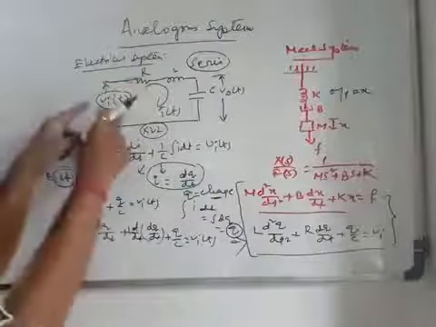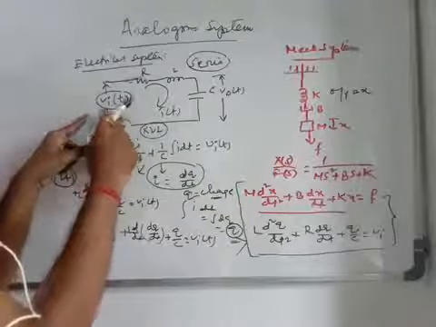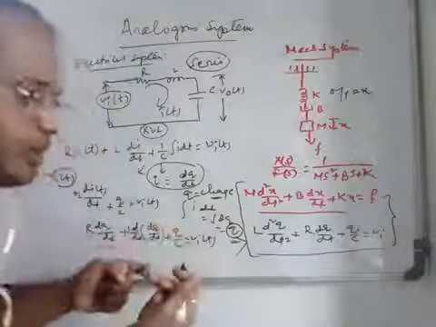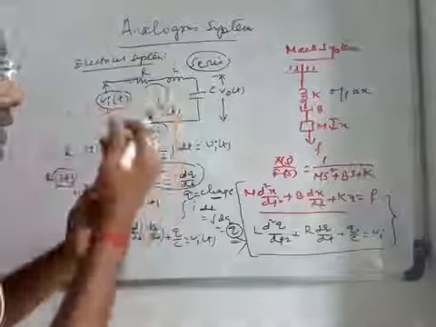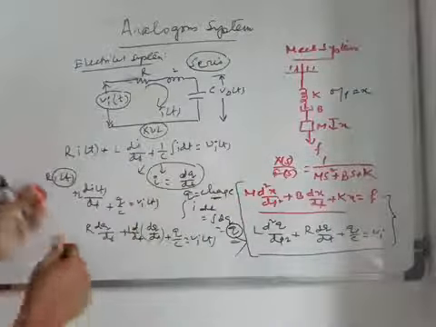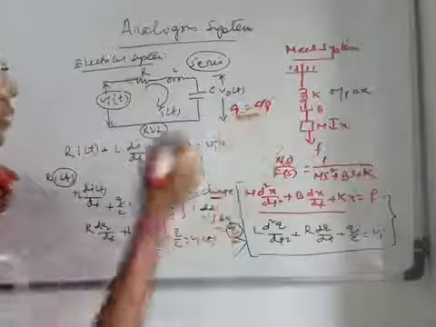When the forcing voltage is applied, you get the current through the circuit, and in that perspective the output is basically the charge q.